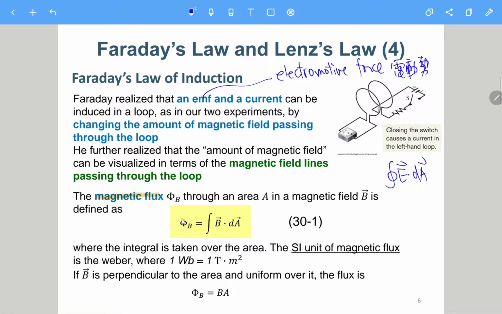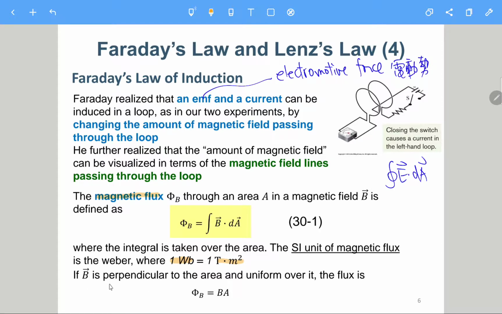So this is phi B, where the integral is taken over the area. The SI unit of the magnetic flux is called Weber, which is T times meter squared. T is the SI unit for the B field, and area, of course, meter squared.